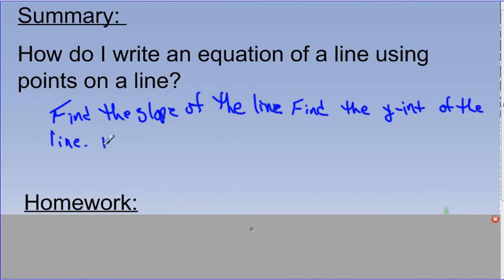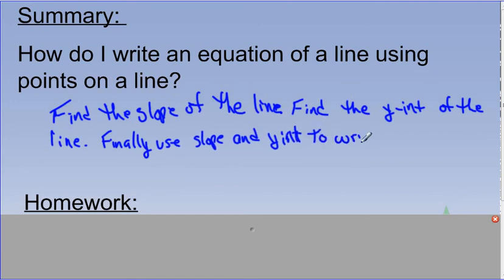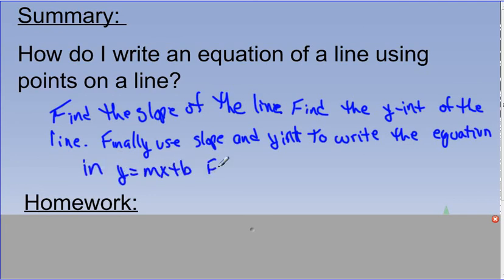And then finally, use them to write the equation in slope-intercept form. And that would be done.